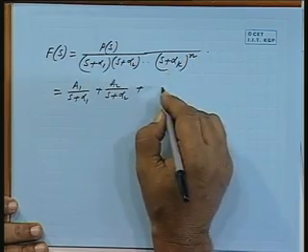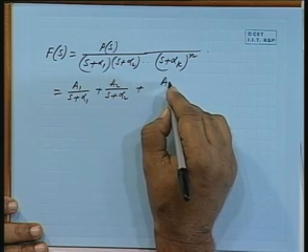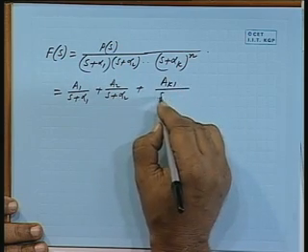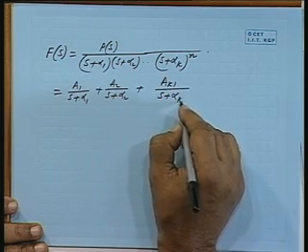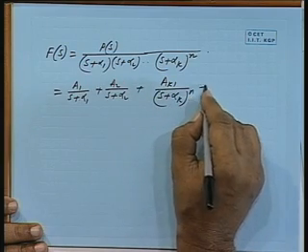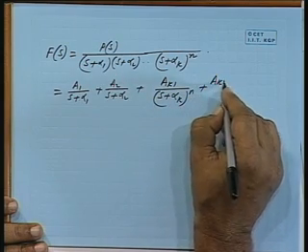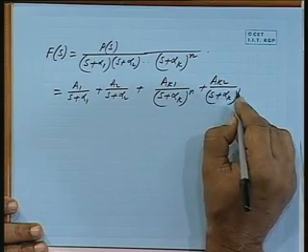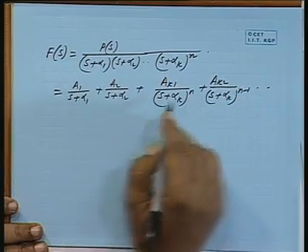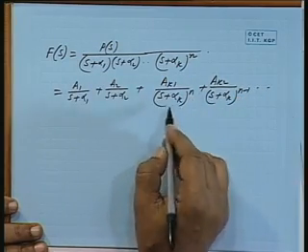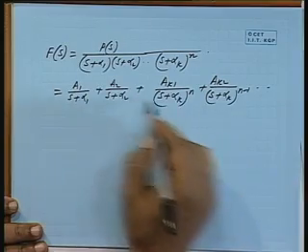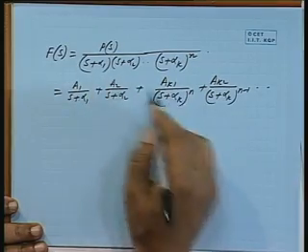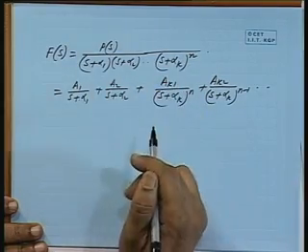But this one will be some ak1 by s plus alpha k to the power n plus ak2 by s plus alpha k to the power n minus 1 and so on. Evaluation of this becomes a little difficult. If you apply the straightforward technique, you will be able to get only ak1.